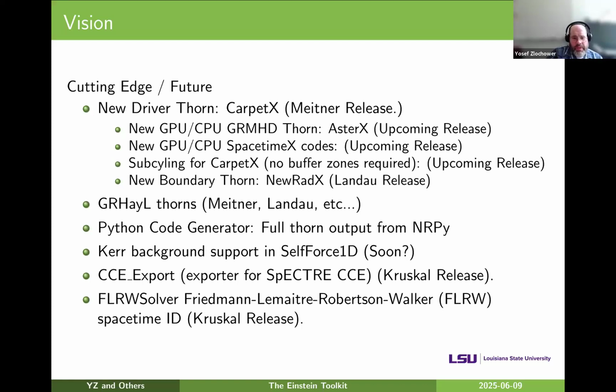Another code from the same group is NRPy. NRPy is a Python-based code, and what it can be used for, among other things, is to generate a full evolution code thorn to be used with the toolkit, based on relatively simple tensorial expressions which you can implement within Python.